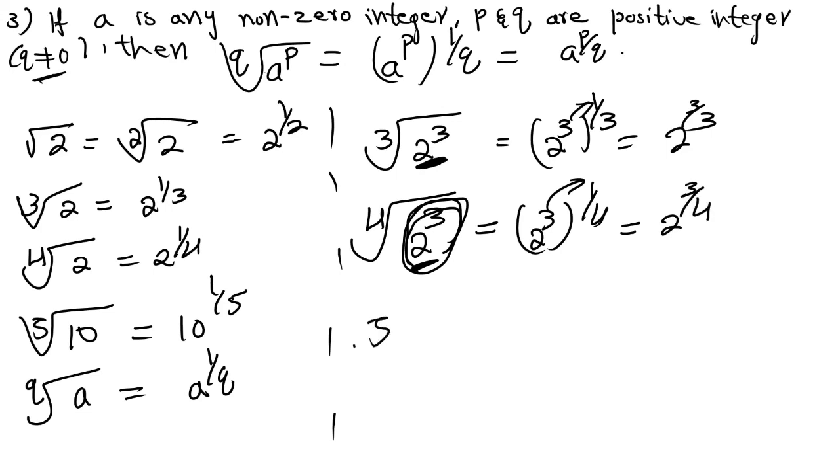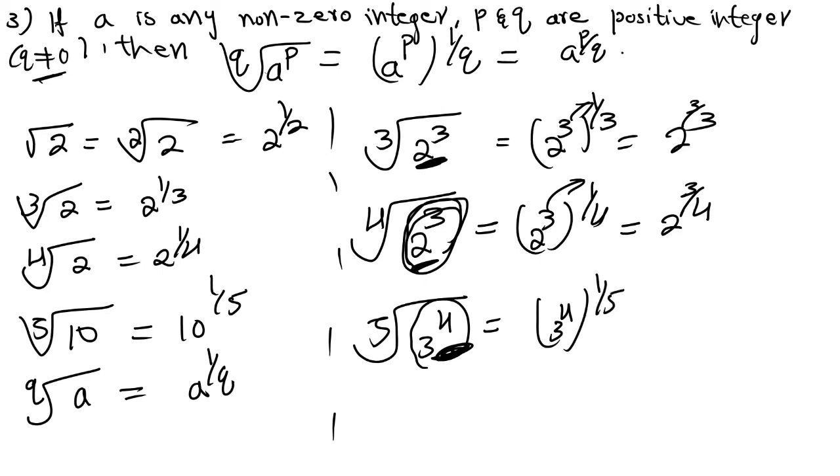Or take a fifth root of 3 to the power 4. Fifth root of any number means that number to the power 1 by 5. Now multiply, it's equal to 3 to the power 4 into 1 by 5. 4 into 1 by 5 means 4 by 5. So 3 to the power 4 by 5.